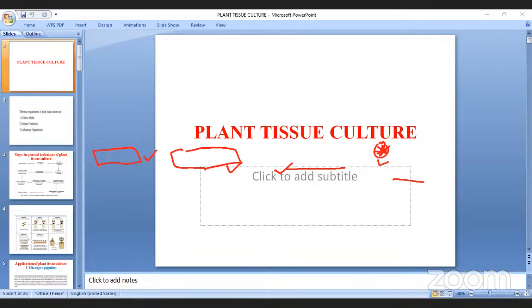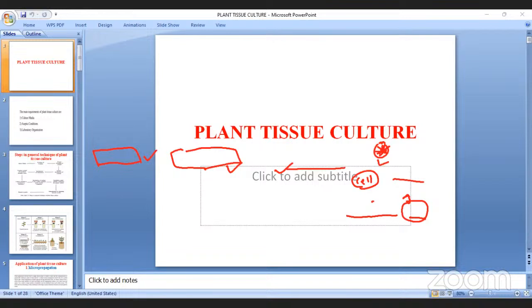First, cell culture is the culture of isolated individual cells obtained from the explant tissue or callus. Explant tissue is made up of cells, so you directly select from the cells of this tissue, or after you get the callus during the tissue culture process, from the callus you can also select the cells.